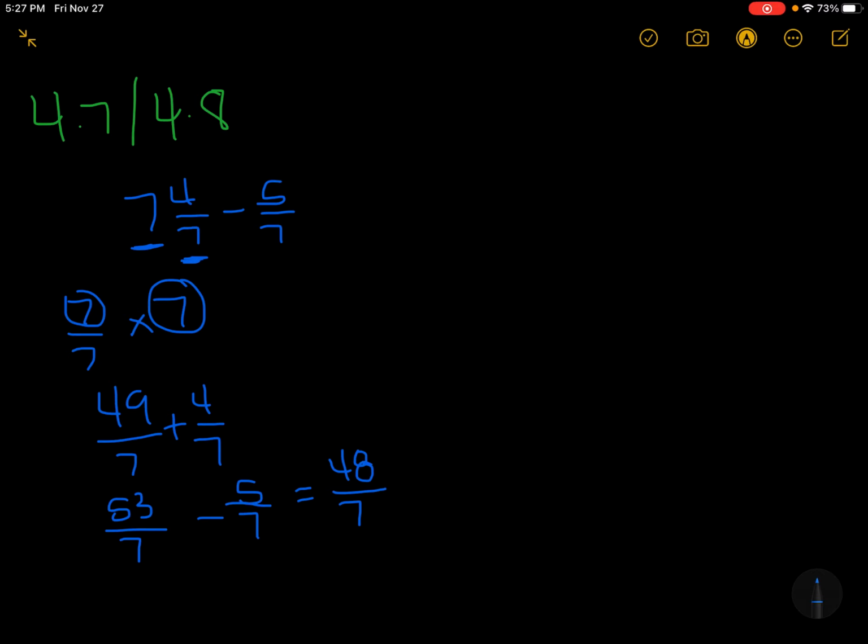Another method for doing this is to subtract from a whole number.